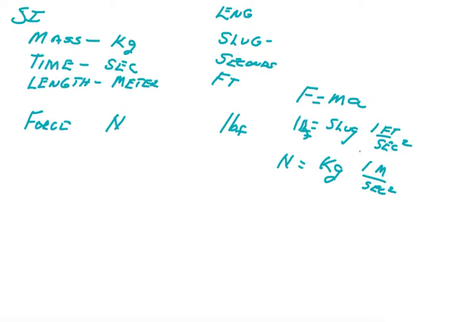We know what a kilogram is. It's a quantity of mass. We know what a slug is. It's a quantity of mass. Are they the same? No. Are they related? Yes, because physics is physics and they must be the same. So the units for Newton become kilogram meter per second squared.